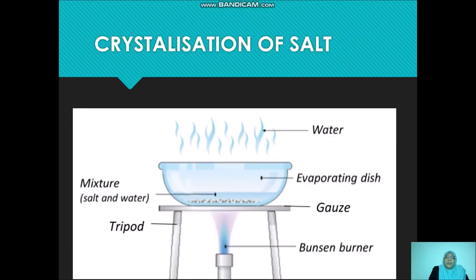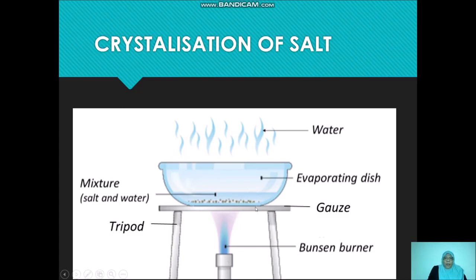Now I want to explain another step of crystallization. Here is the process of crystallization. First, you have a mixture of salt and water, that means seawater. You put it into an evaporating dish, and you have a Bunsen burner to heat the liquid.